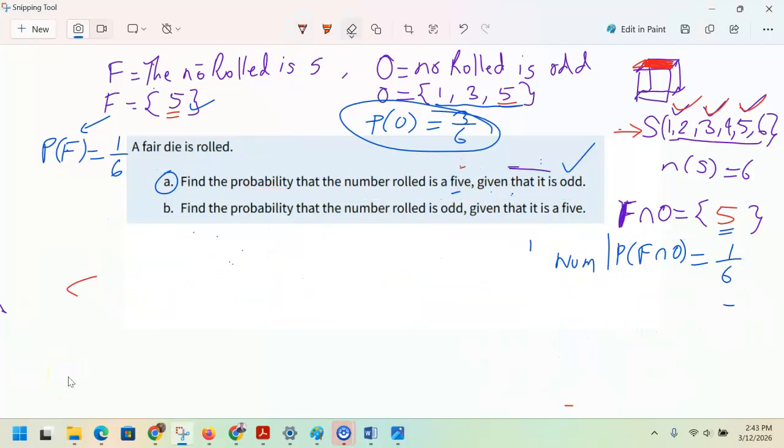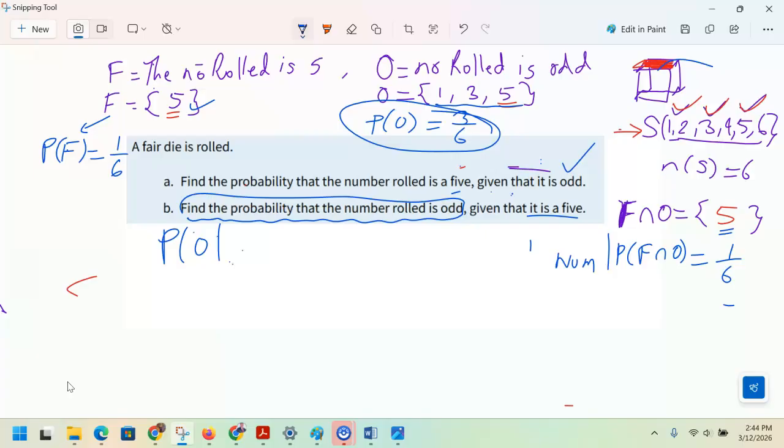So the second question is just the opposite. Find the probability that the number rolled is odd, given that it is 5, so you are already told. We are going to use the formula again.